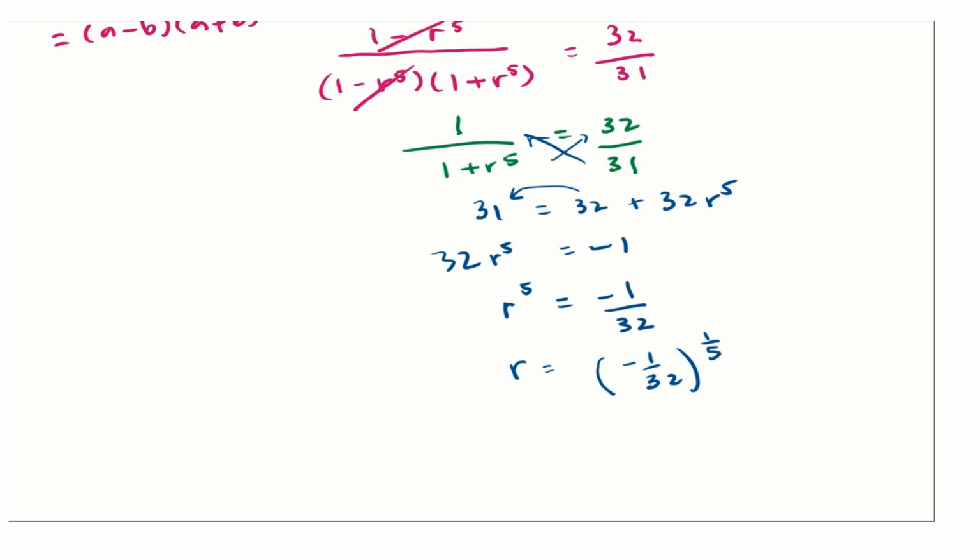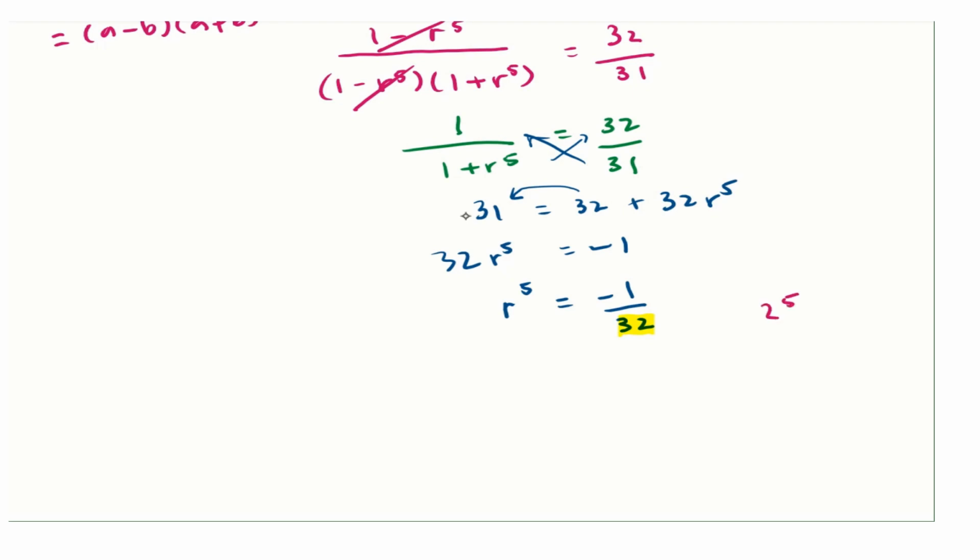Okay, so sorry, if we want it easier, looking here, R power 5 is negative 1 over 32. This 32 we can change to 2 to the power of 5.